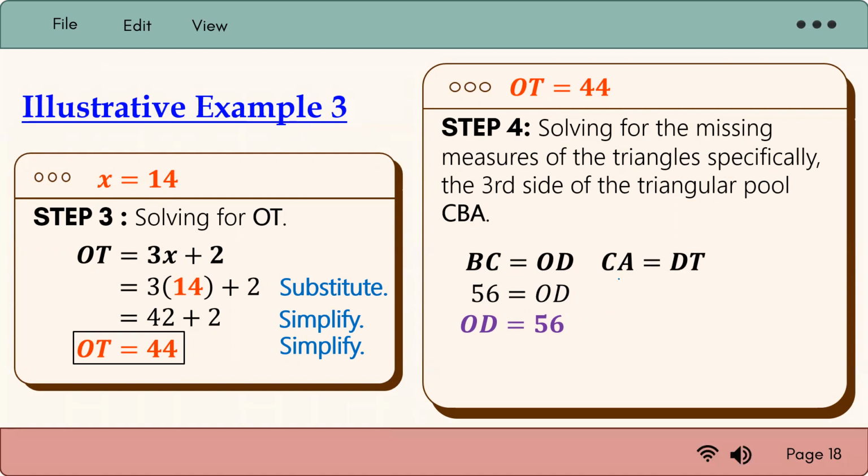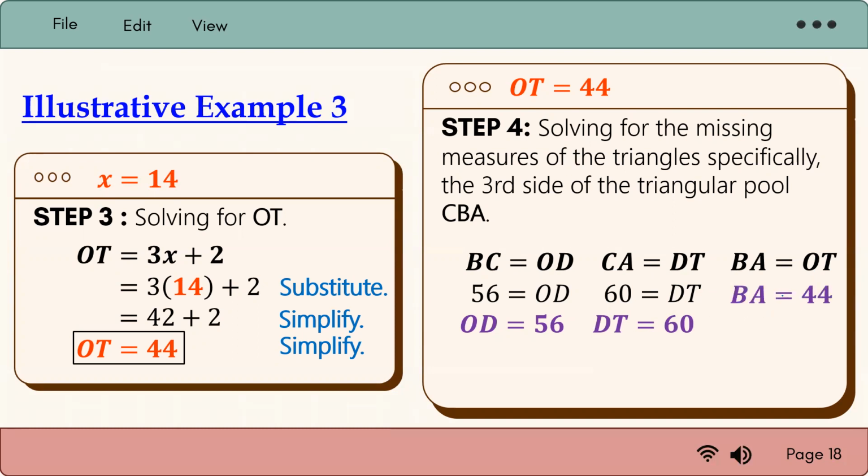CA is 60, so DT is also 60 feet. But the third side, the one we solved, OT, corresponds to BA. So BA is congruent to OT, and OT is 44. That means BA is also 44.